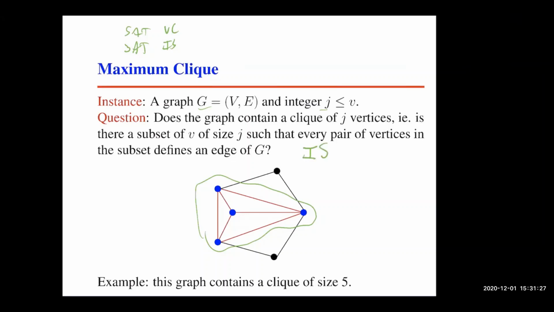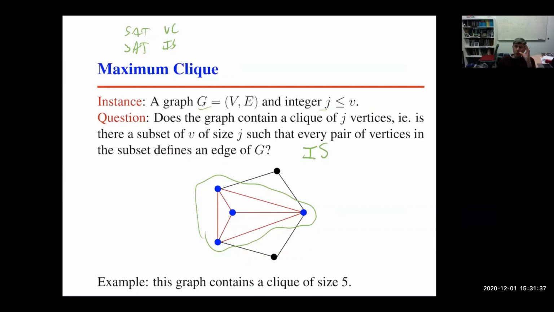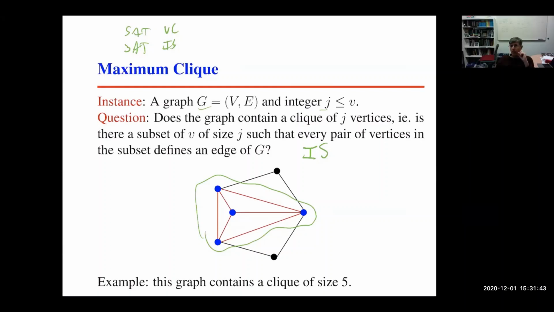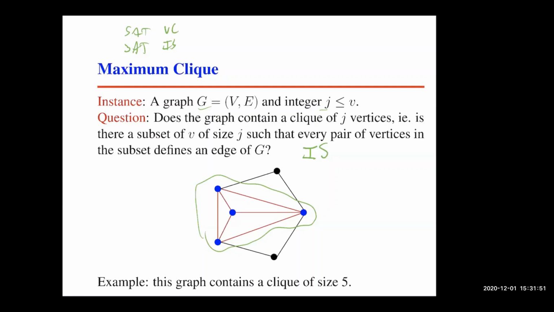In independent set, you don't have an edge between any 2 vertices. In clique, there is an edge between every vertex in the subset. So you're saying that in one, you're looking for a subset of vertices such that nobody's connected, and in another, you're looking for a subset of vertices such that everybody is connected, right? Right.